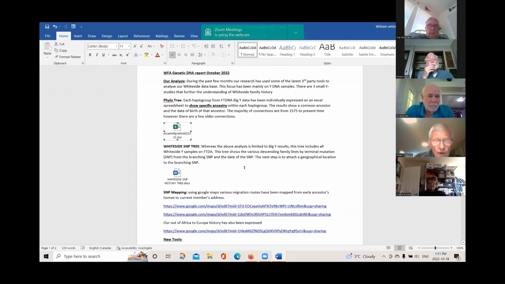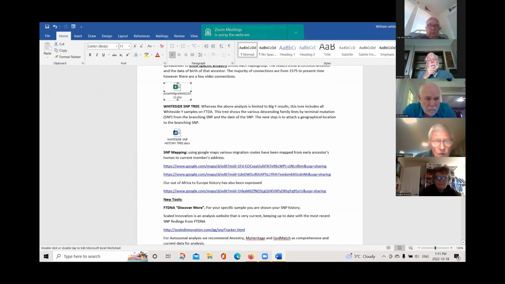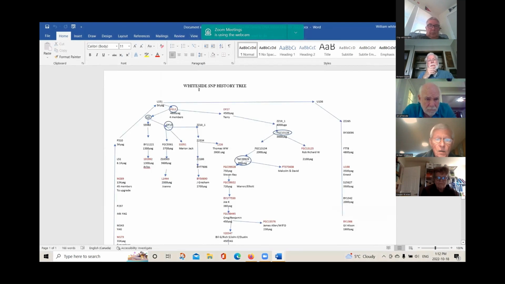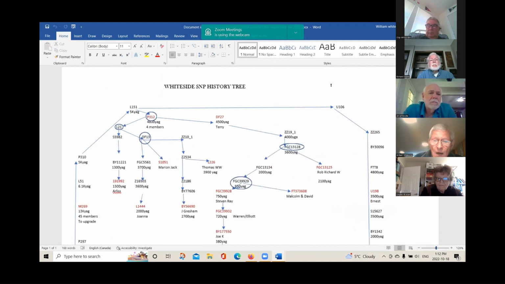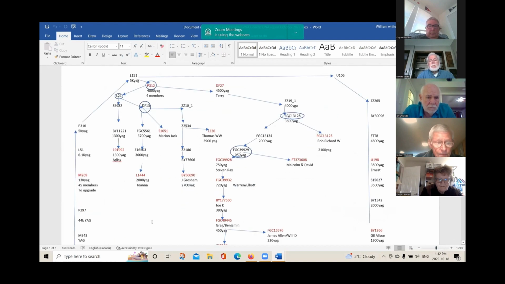Now, the second reference point that I want to make is this, which you saw last time, which is what I call the Whiteside SNP history tree. And rather than being, and I'll make it a little bigger, rather than being Big Y only, it is all of the samples that we have got in the Whiteside Family Association on FTDNA.